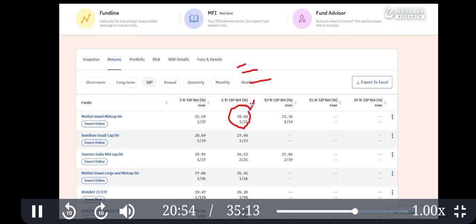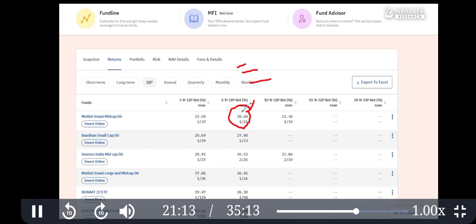This will be your XIRR. SIP return is XIRR. What is the difference between CAGR and XIRR? CAGR has only two values, starting and ending, and XIRR has multiple entries and exits.